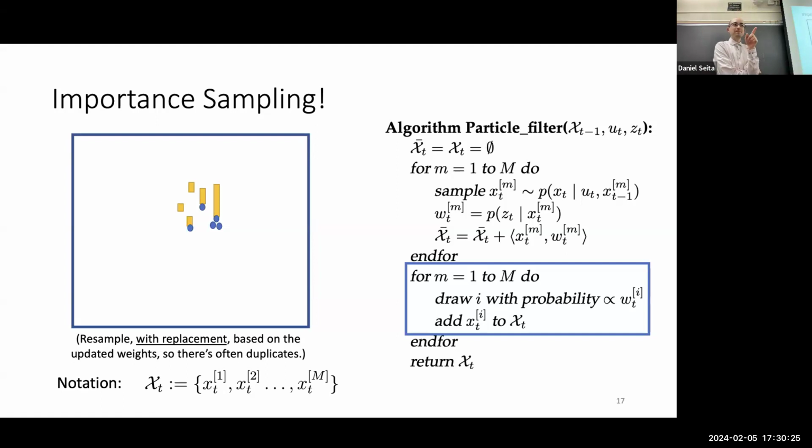Question. If the weights are all equal, then any of the particles would be equally likely. It might look something like that with all the weights equal, and then you would uniformly sample one of those 5 particles each time step.